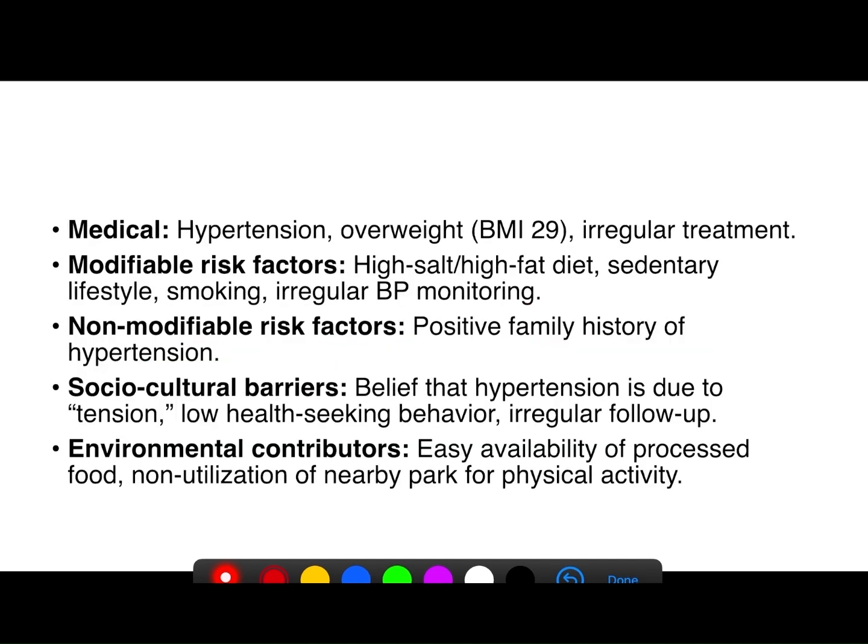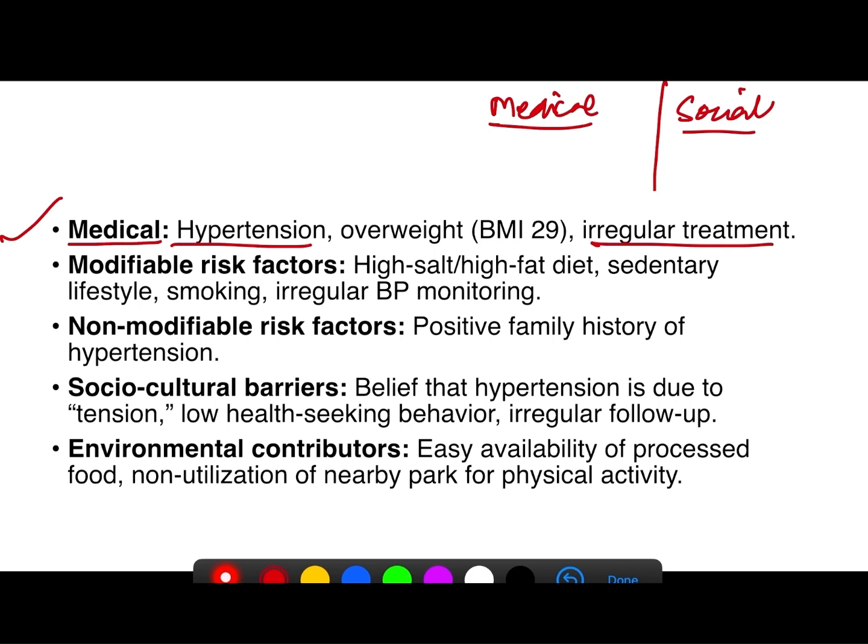So whenever you are taking a case in your examination, you can jot down the important points at the end, the important medical points and the important social points in your case. So here, in the medical condition, the patient has hypertension, is overweight, and has irregular treatment. The modifiable risk factors in this case are high salt, high fat diet, sedentary lifestyle, smoking, and irregular BP monitoring.